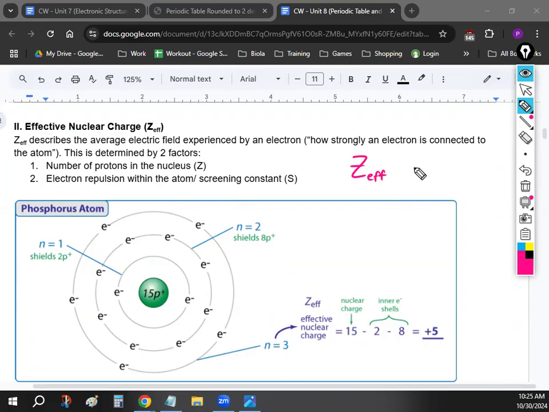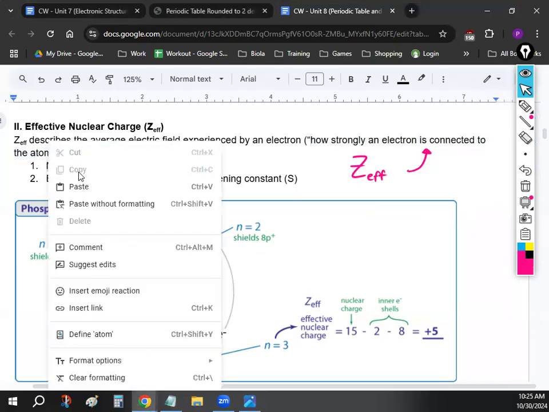Zeff is a very simple concept. It's basically how strong an electron is connected to the atom. So how strong of a connection does an electron have with the atom?